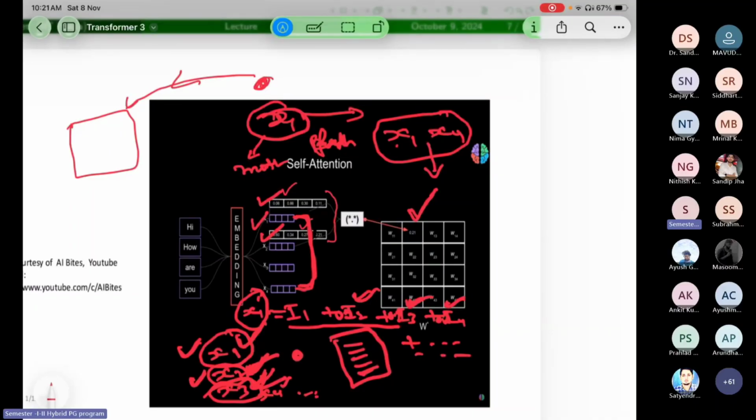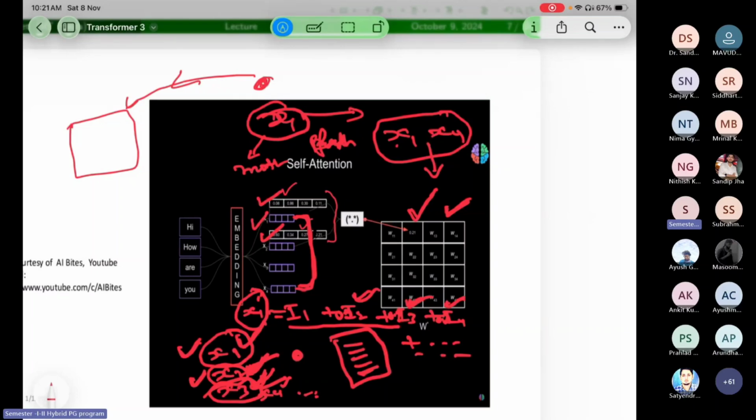So if they are very close, then you will have values close to 1. If they are not close, then they'll have values close to 0 or somewhere in between. Now let's come to this matrix. So here you found the correlation. And now what I'm saying is, I'll consider this correlation as an attention value.